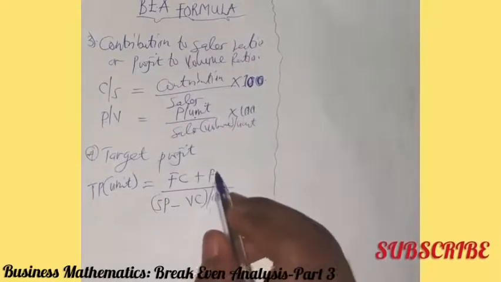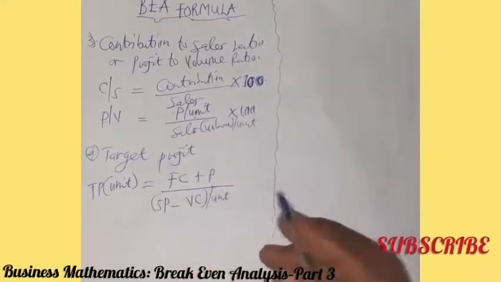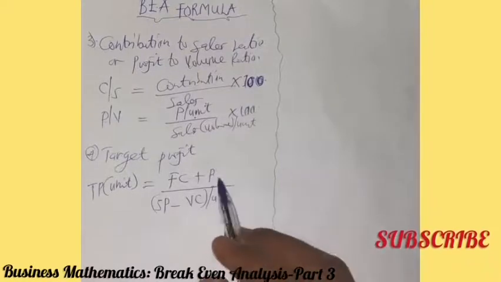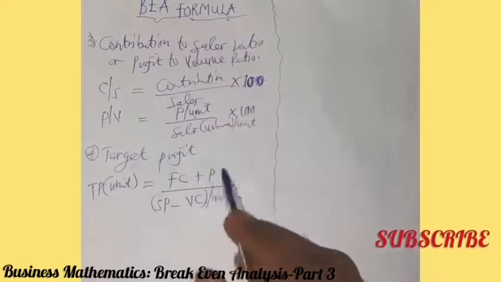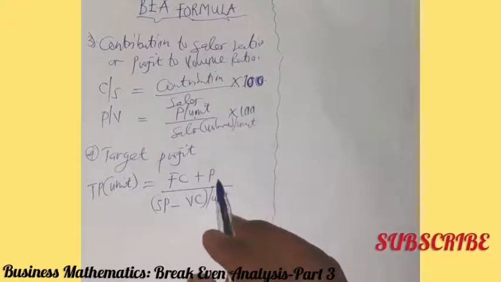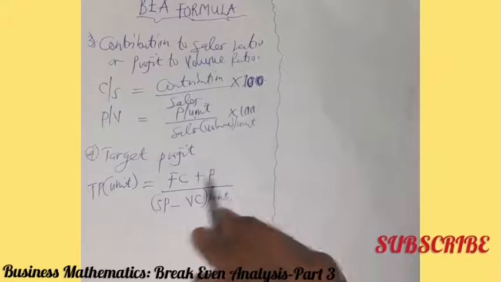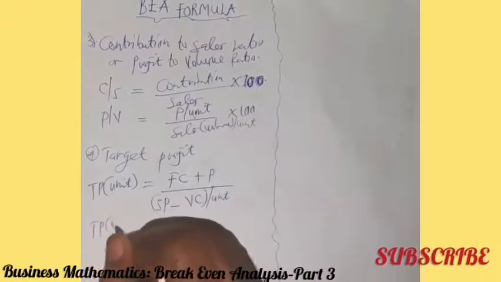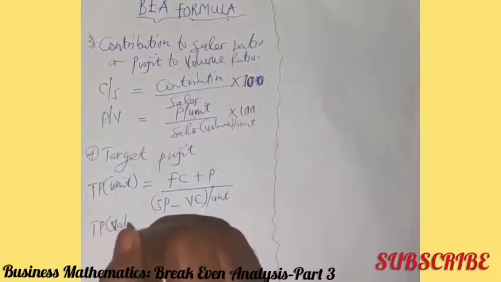So you can see that when we take the targeted profit, we are left with just the break-even point in terms of units. So with targeted profit, just add the profit to your fixed cost in the numerator of the break-even point in units. Then the same thing also runs through in terms of sales or value.